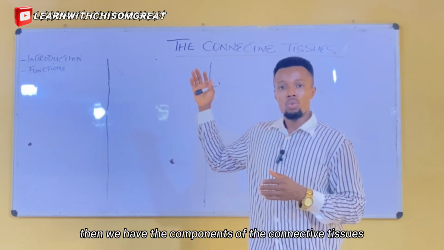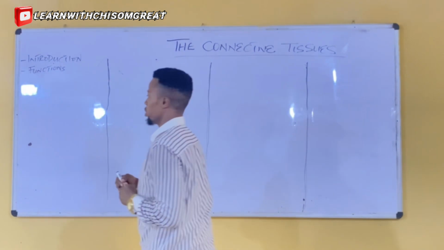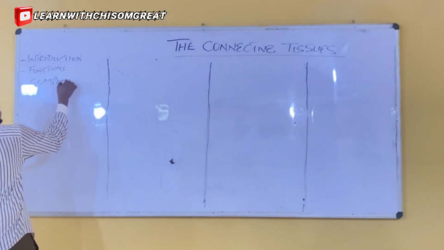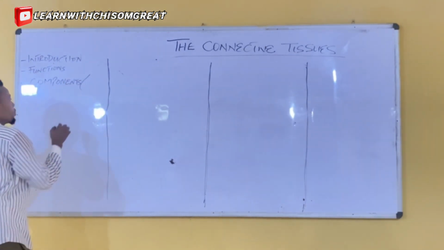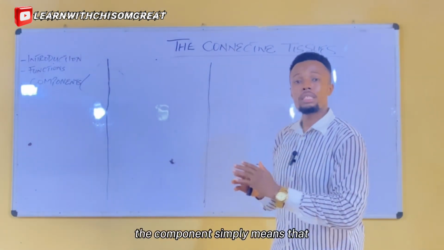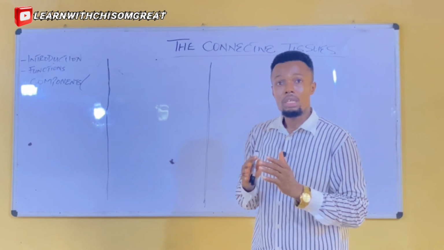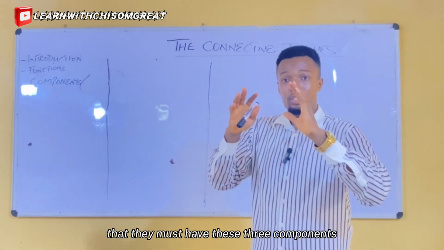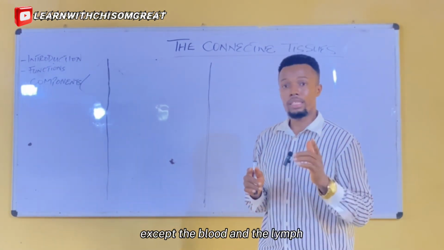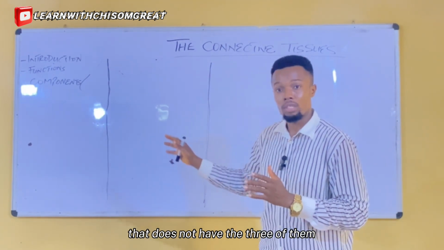Then we have the components of the connective tissues. The component simply means that each and every connective tissue in the body must have these three components, except the blood and the lymph, which do not contain all three of them.